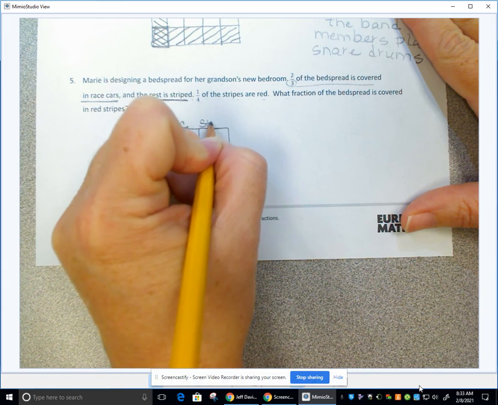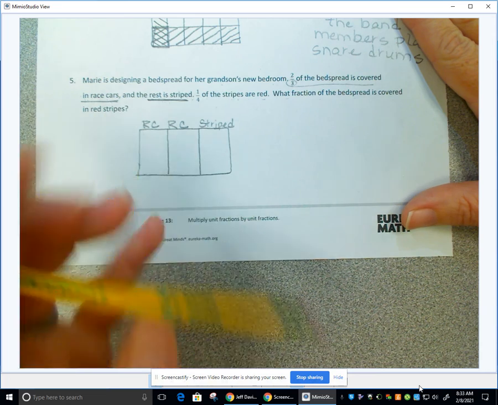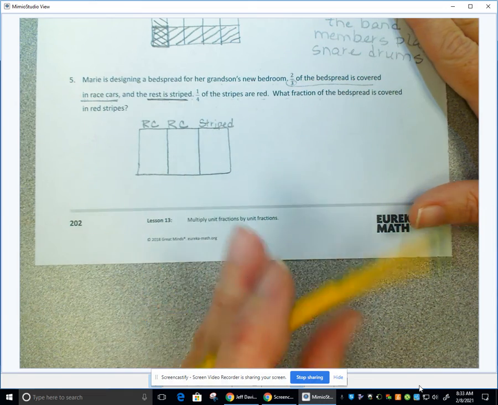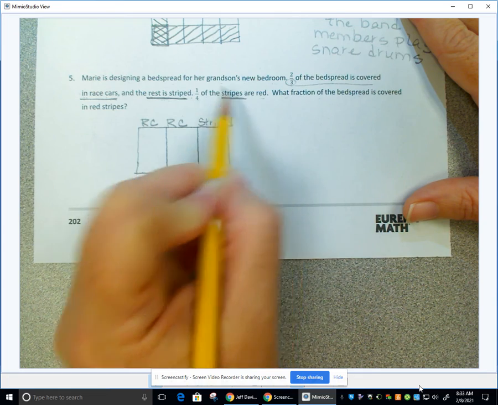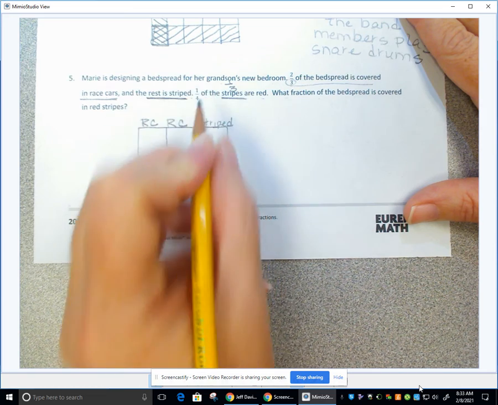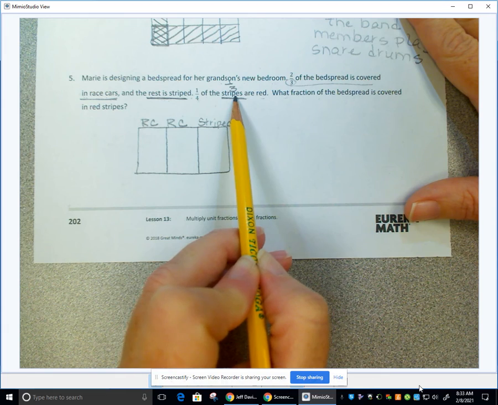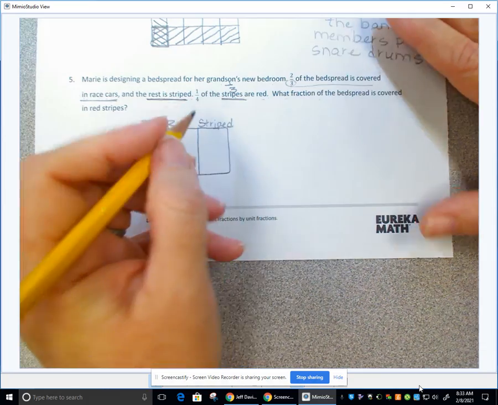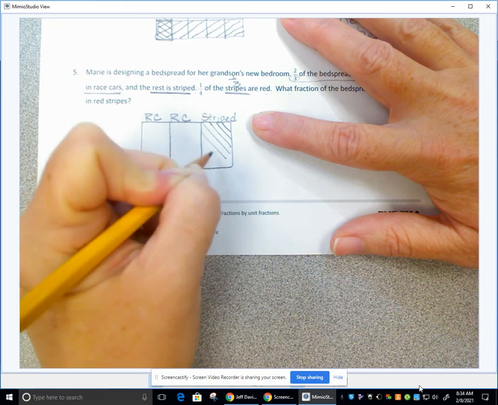So this would be striped. See, 2/3 race car, 1/3, there's 2/3, and the rest is striped. Then it says 1/4 of the stripes. How much is striped? 1/3. See that? 1/4 of the 1/3 of the striped part are red. So, wait, let me go ahead and do my pattern on the striped part.